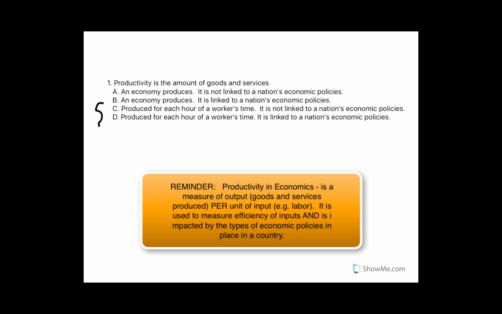Because we don't care about how much the overall economy produces. We care about how efficient an individual worker is, and that's how we compare productivity between different workers, different groups of workers. And that is indeed linked to a nation's economic policies, right? Because if we have certain policies that subsidize production of, or subsidize technology in a particular field, then workers can be more efficient. So that's D.